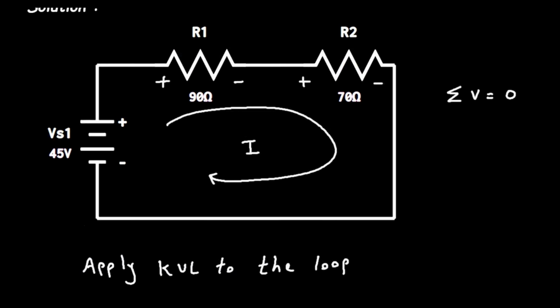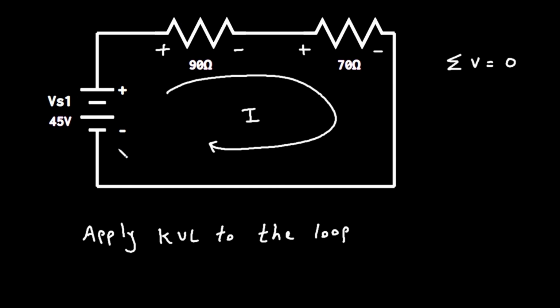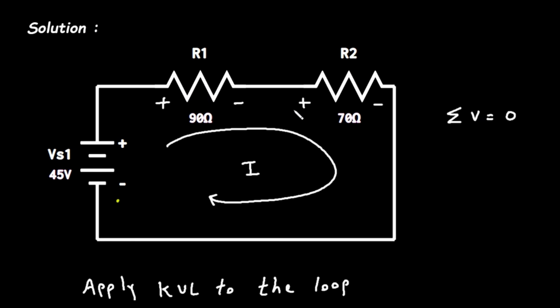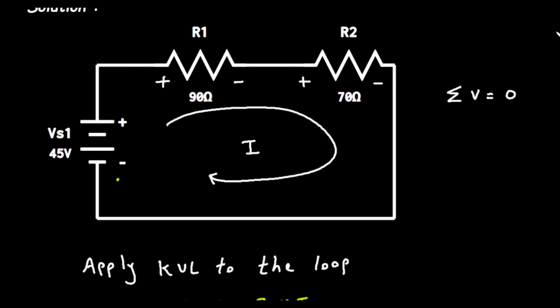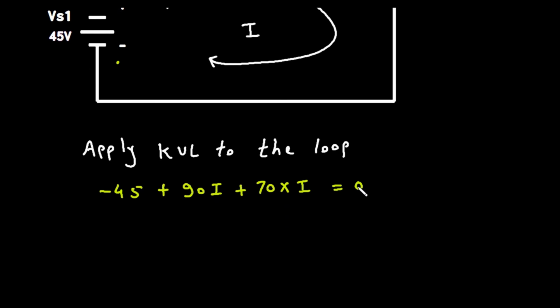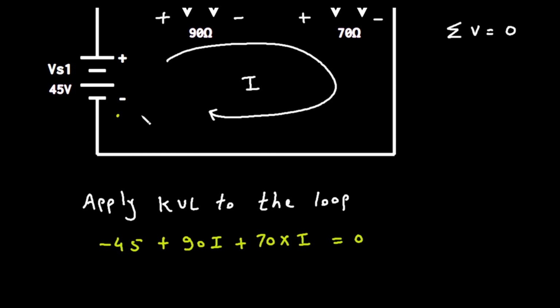Now let's say we are starting from this point. So it will be minus 45, then plus 90 into I, then plus 70 into I. Then it is equal to 0, because the loop is completed.